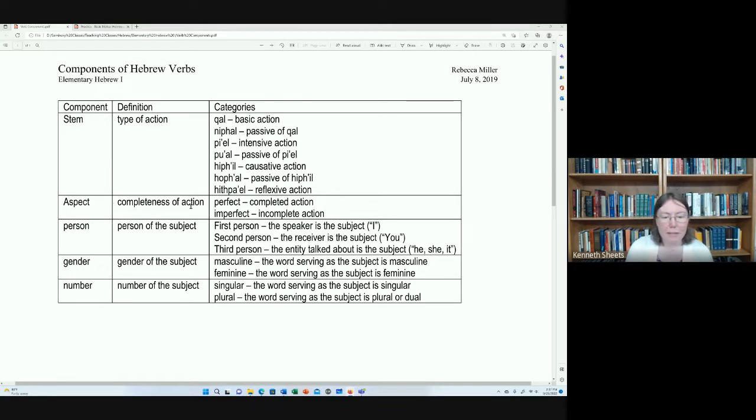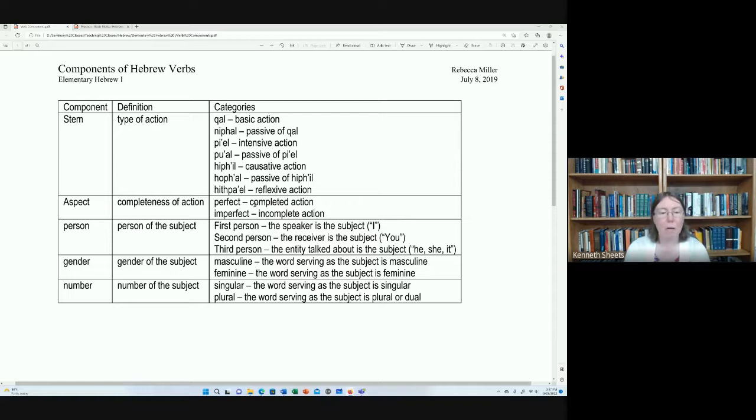Aspect, completeness of action, we have the perfect, that is completed action, and imperfect, which is incomplete action. So perfect, completed action, this means that this action is done, it is not still ongoing. This corresponds roughly to the past tense in English.